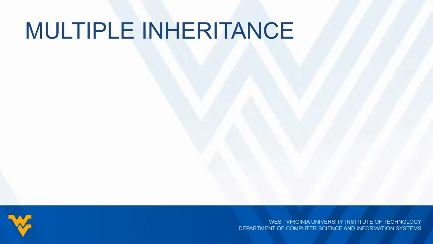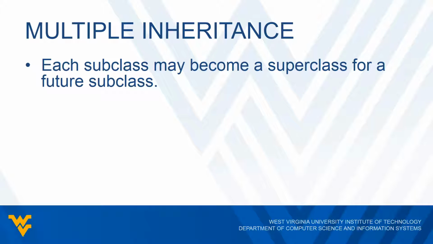When we're talking about inheritance, we're not limited to just a superclass and then a subclass. We can actually think of this more like a hierarchy, kind of like a chain of subclass to superclass. And what we find is that a subclass can actually become a superclass for a future subclass. So we can have a subclass and then a subclass of that and then a subclass of that and so forth.